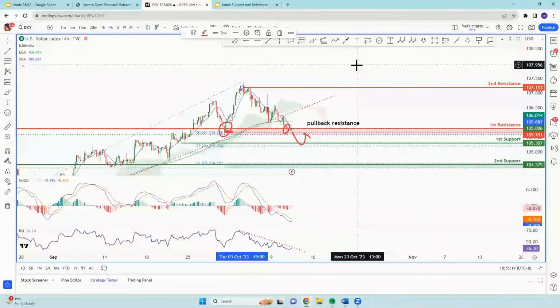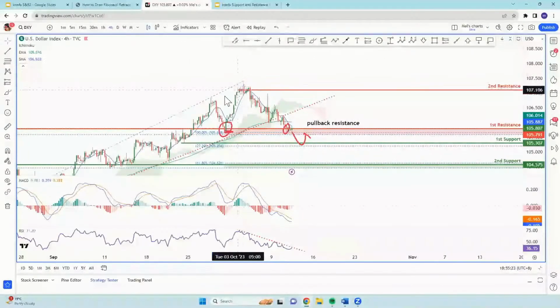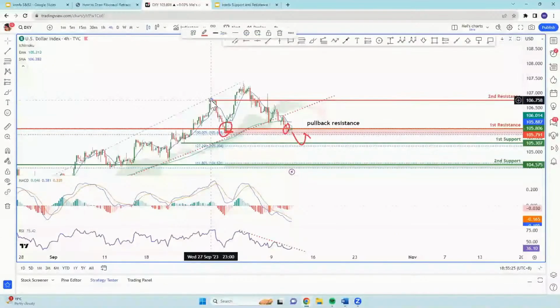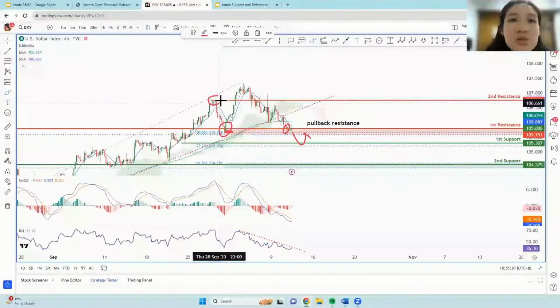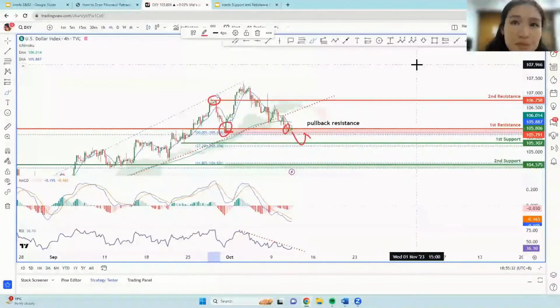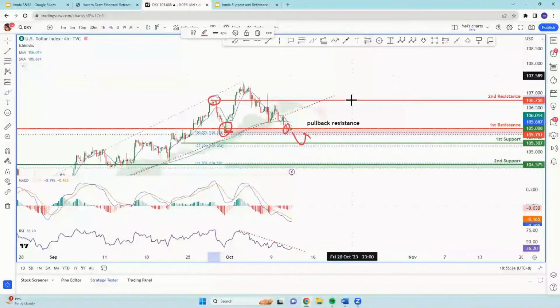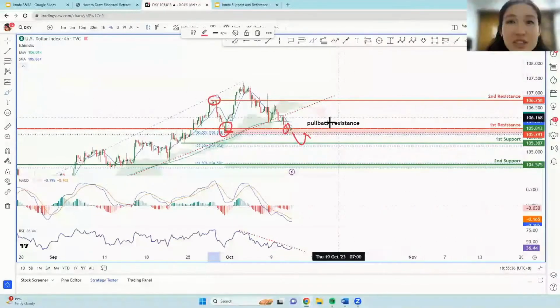Okay. But why did you bring the resistance to the edge? Is that the edge or the neck? Because of the swing high here. Yes. I prefer it a little bit closer to my current price.